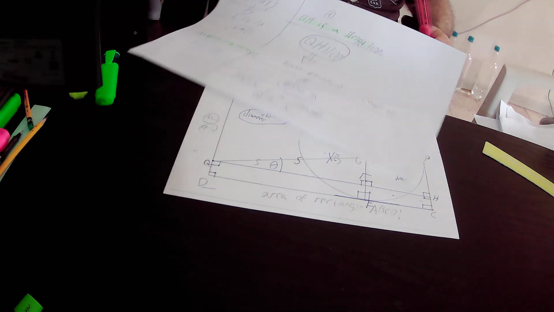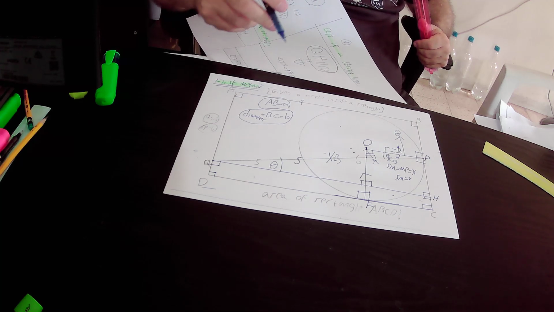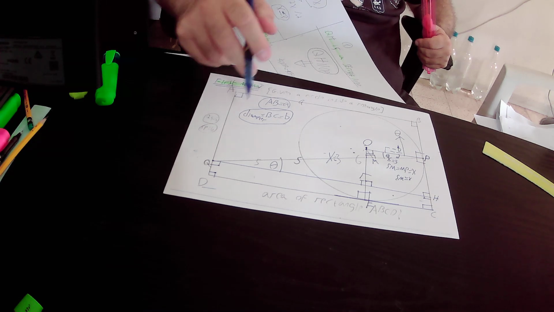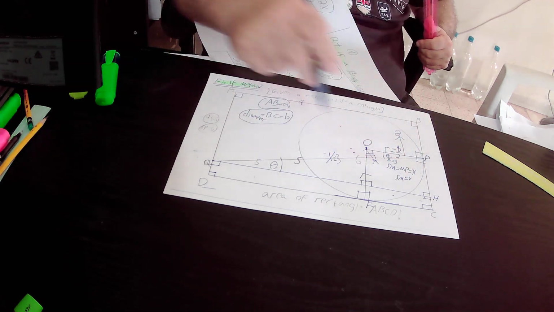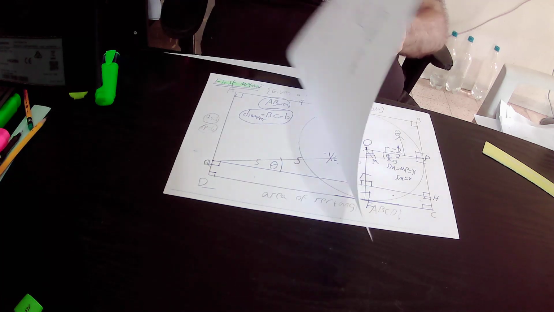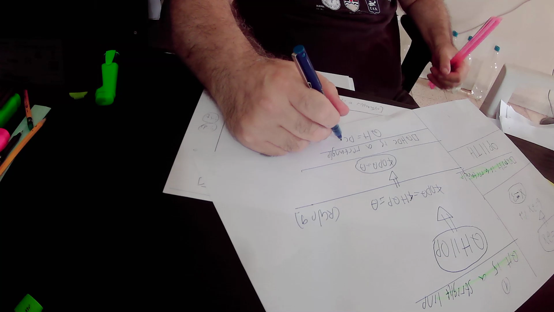But we know that ABCD is a rectangle and the opposite sides of rectangle ABCD must be equal to each other. That is to say, DC is equal to AB. In rectangle ABCD, side DC equals side AB.